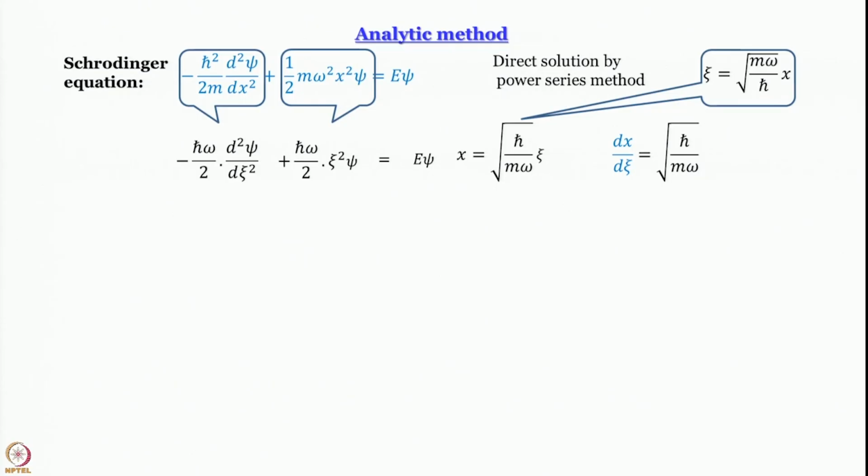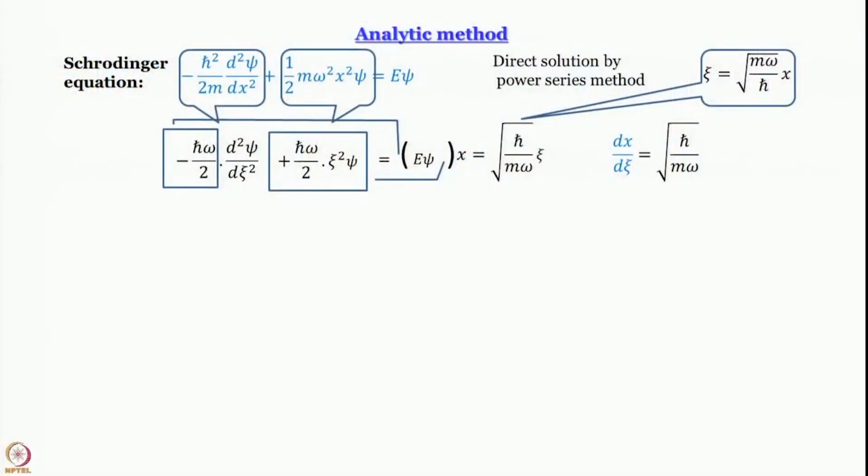Now, what we can do is we can take the second term onto the right hand side, because we want to write our differential equation in a neat form, that is why we are doing this. Then the entire right hand side we will multiply by minus 2 by h cross omega. Then on the left hand side we will be left with only d2 psi d xi 2.